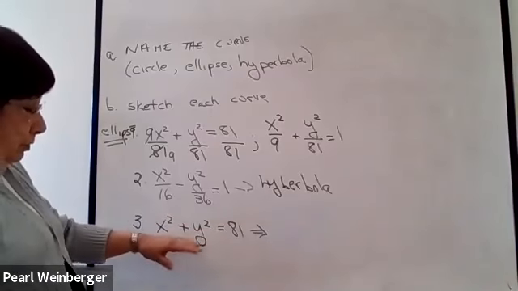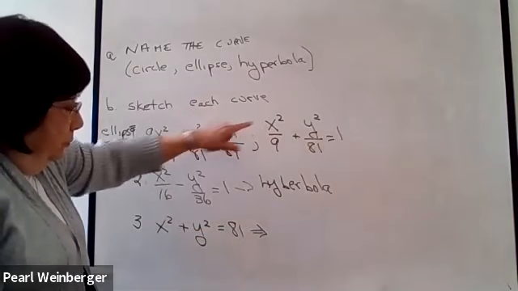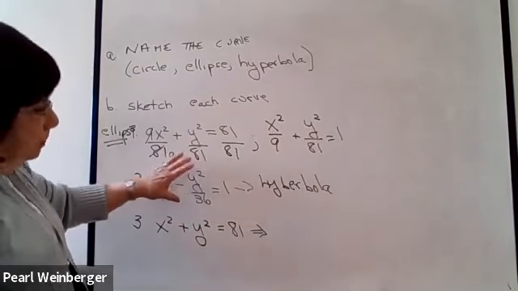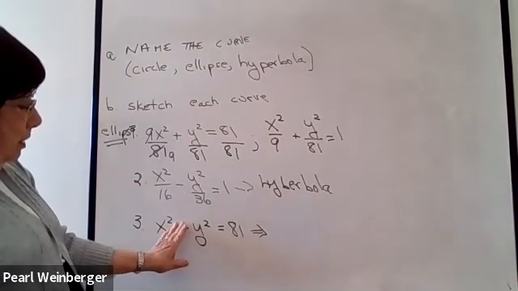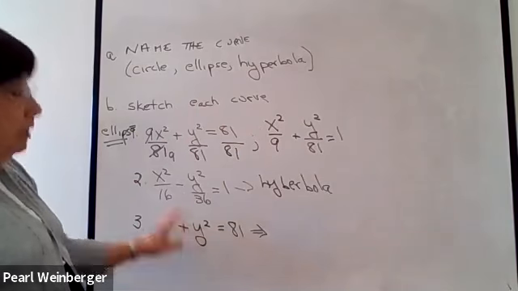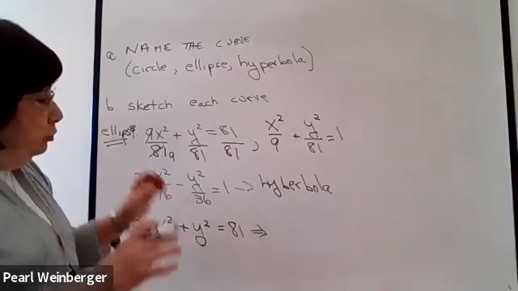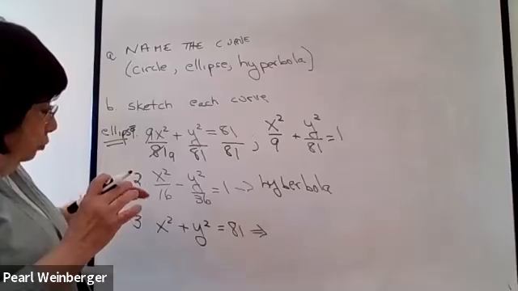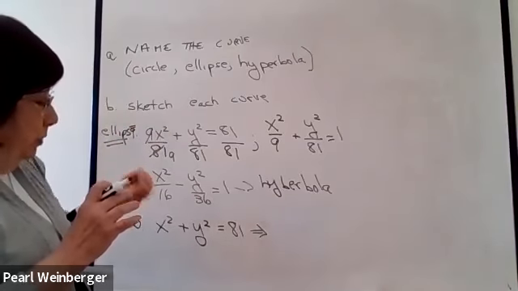This is a circle. If you notice, first of all, it has a plus, so it couldn't possibly be a hyperbola. If this would have been x squared minus y squared, then it would have been a hyperbola. The thing that tells you that you have a hyperbola is when between the x squared and the y squared terms, you have a minus.